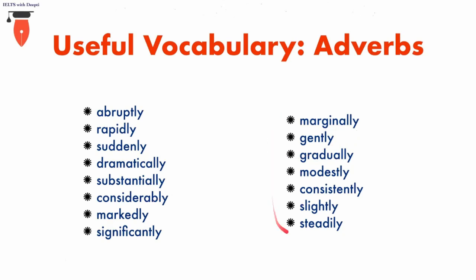On the other hand, there's a marginal increase, or it increased marginally, it increased modestly. Modestly is another good word that you can use, or steadily, consistently. These are to show that the increase or decrease is not very steep.